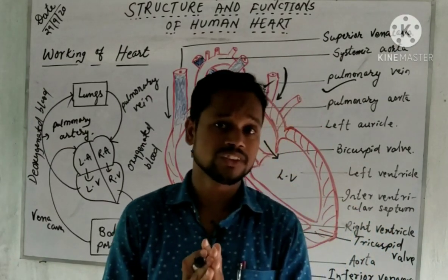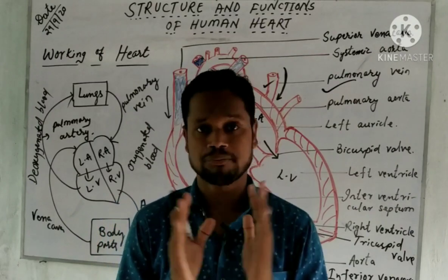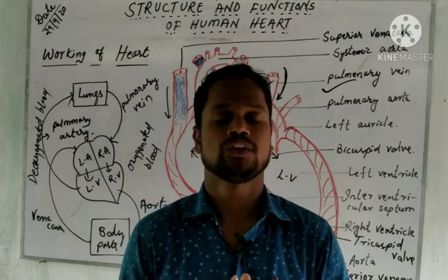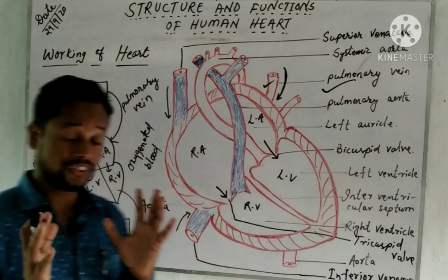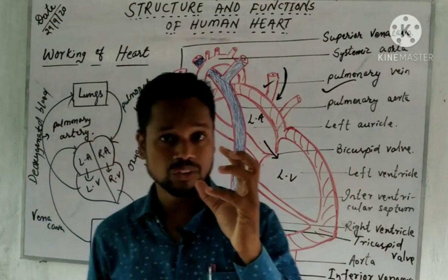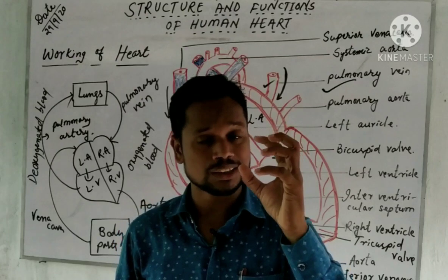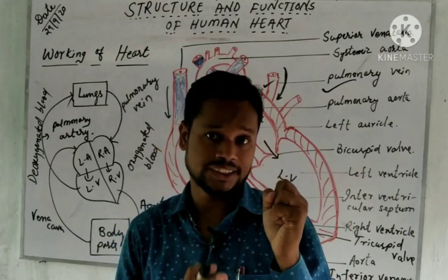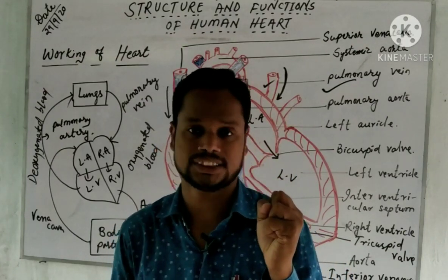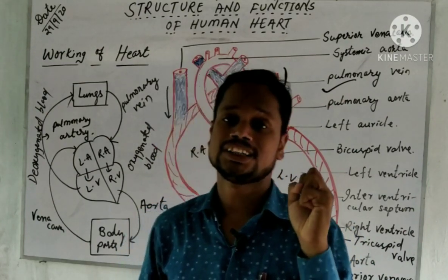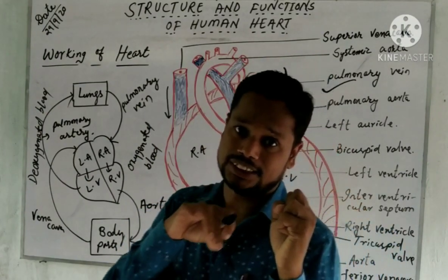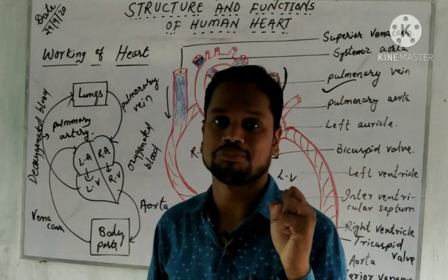In 12th class you will read about heartbeat and heart rate very properly. When a heart chamber contracts, the other chambers relax. The chamber which is contracting sends blood to the other chambers.